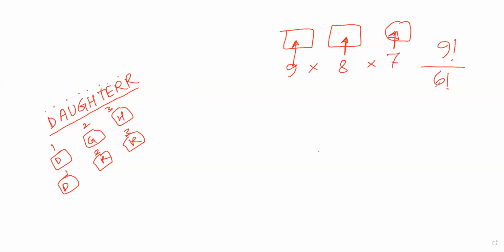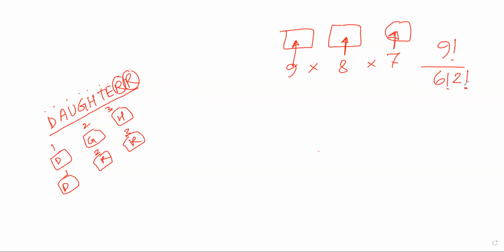But the problem is that there is repetition of R's, right? There are two R's which are alike. And in case of alike things, what do we do? We divide by that factorial, right? That makes sense. You can check the type 2 rule.